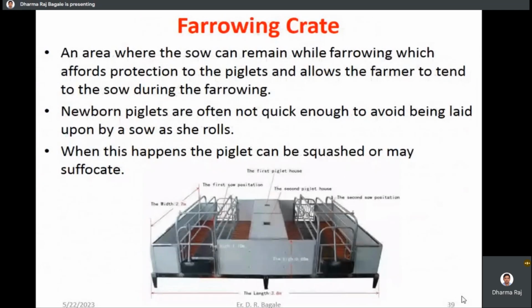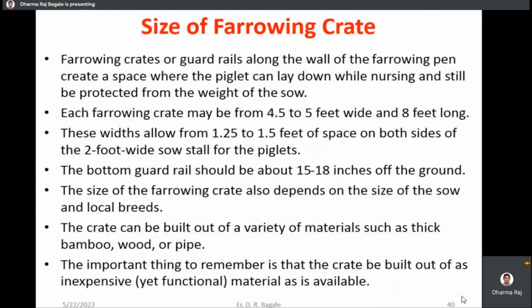Here in the picture you can see a number of pipes fitted, and these are called the guardrails, and this is to confine the mother. The first guardrail from the ground should be at least 15 to 18 inches high so that the piglet can pass here and there. If this guardrail is lower, it will be difficult for newborn or young piglets to move.